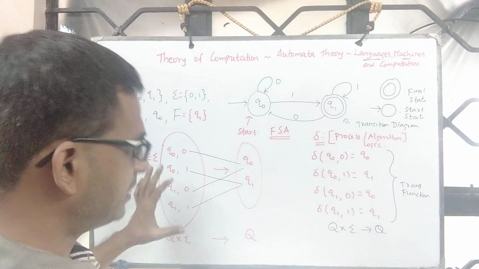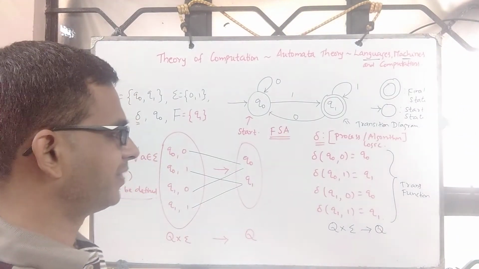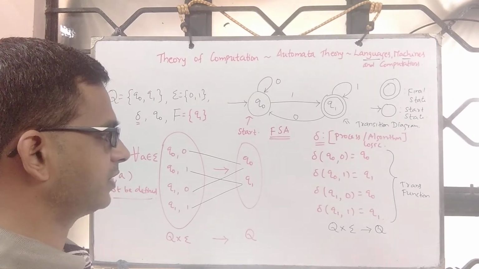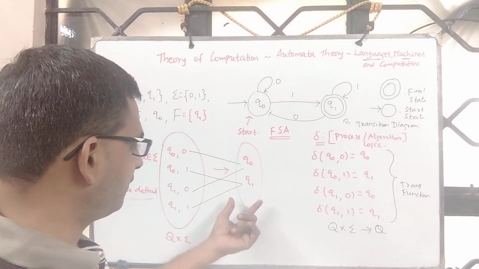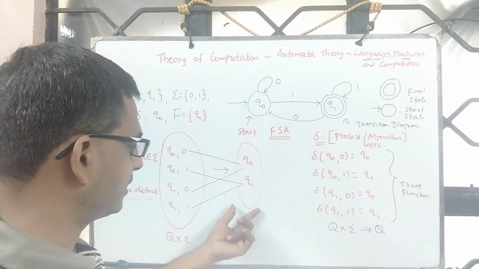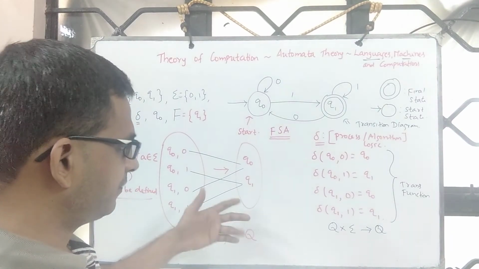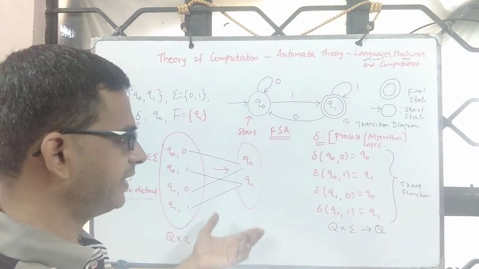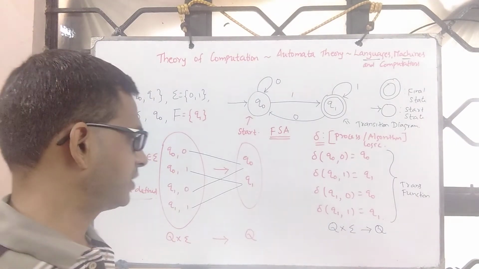Now with this description you say what is the computing power of this machine. And we will not have states for which there is no pre-image, because if such states are there, then they are redundant. It is as good as designing a machine without those states.